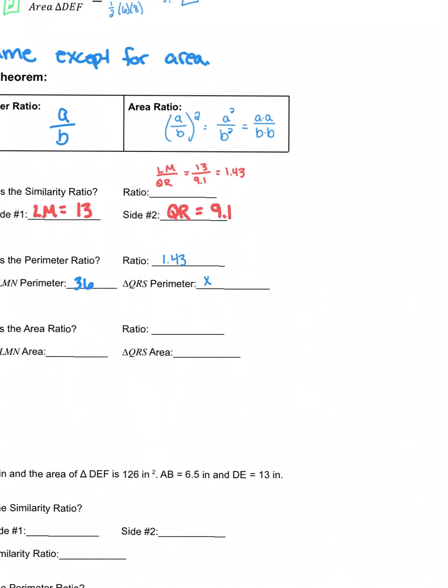Now to solve this, we're going to go off to the side, and we're going to use our ratio. We're going to use the same ratio as before because we know they should be the same.